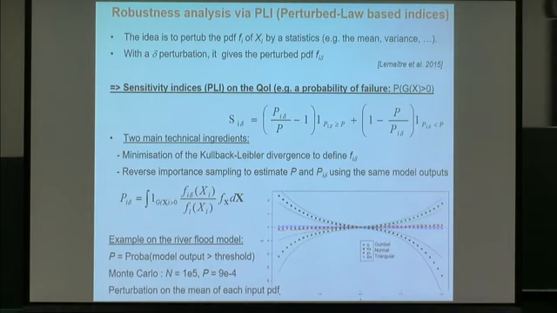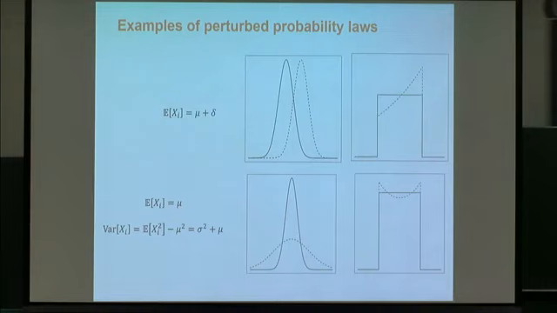The idea is to show that with some perturbation, for example, we perturb the mean for Gaussian variables, we just translate the Gaussian variables, or we perturb the variance for the Gaussian variables, we just flatten the distributions. Okay, we perturb the mean, and we see if the quantile or the probability of failure changes a lot when we perturb this.